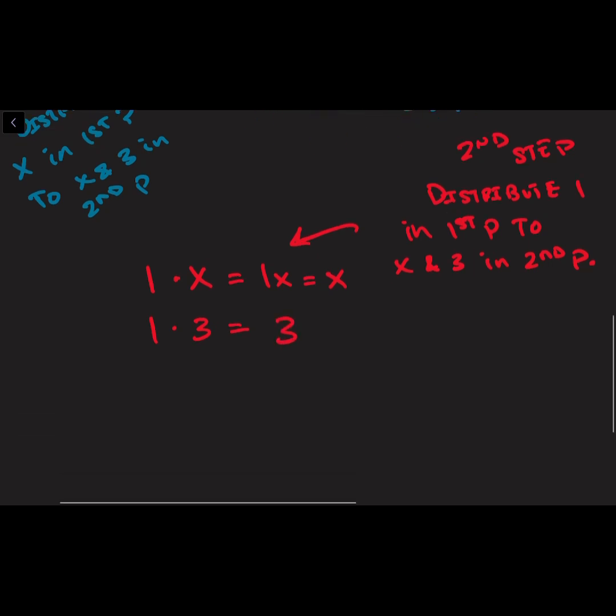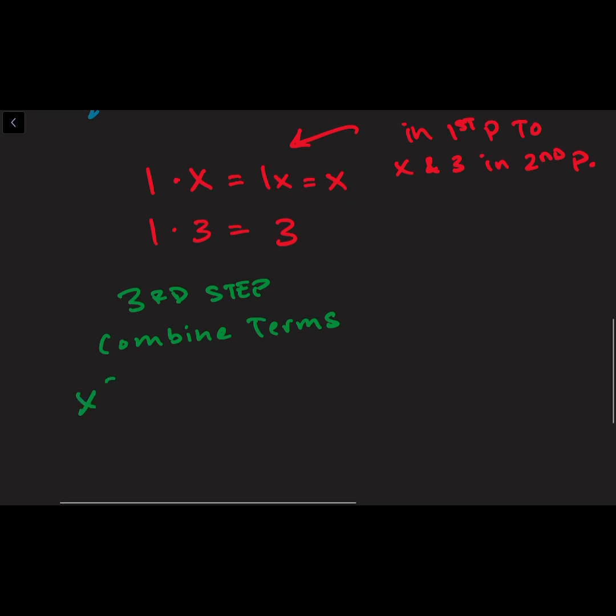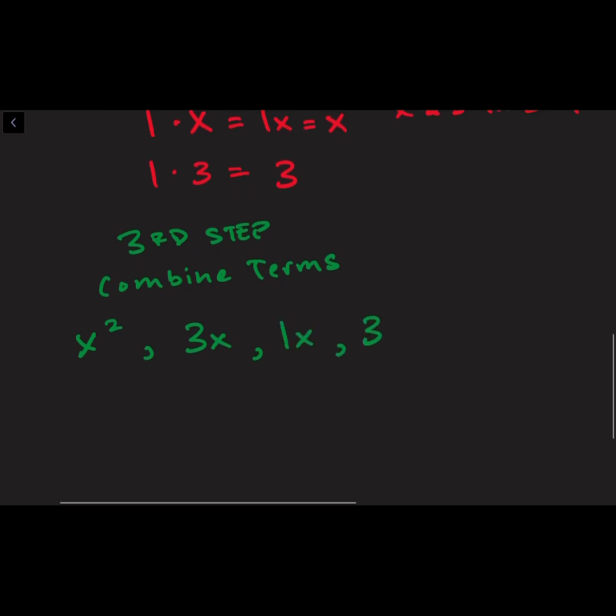The third step of this problem is we're going to combine like terms. The terms we have are x squared, 3x, 1x or just x, and 3. x squared has no terms it can combine with, and 3 doesn't either.